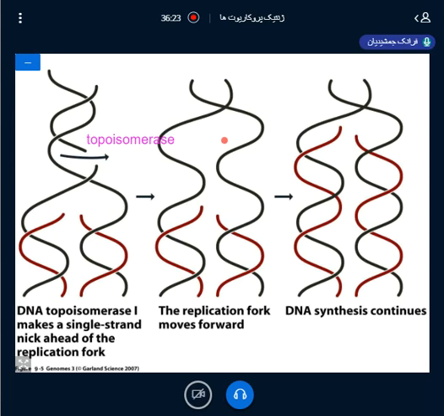Topoisomerase. Thank you, Mr. Haydar. So, in the replication, we have some supercoils above the replication fork, and the topoisomerase removes the supercoils and lets the replication fork continue.